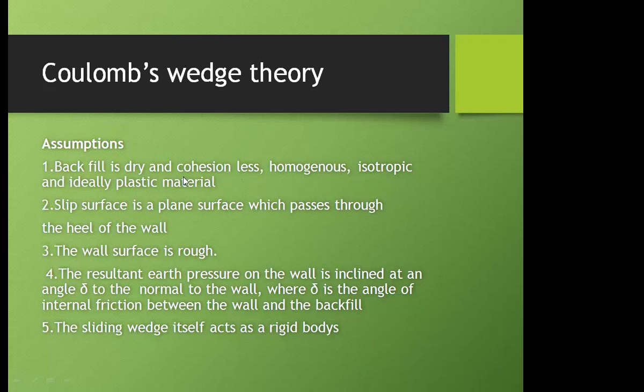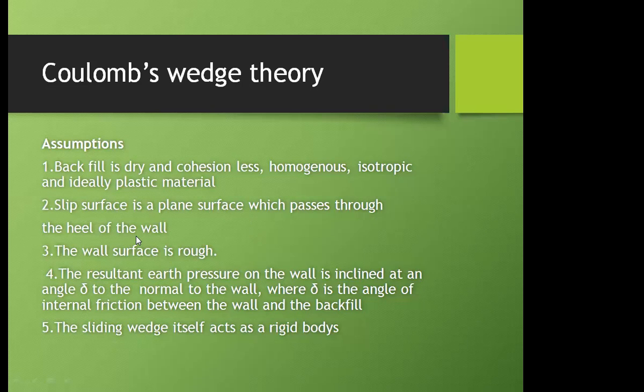So the assumptions of Coulomb are like this. The backfill is dry, and the soil is cohesionless, homogeneous, isotropic, and an ideally plastic material. The slip surface is plane and passes through the heel of the wall. The slip surface is always assumed, and that is why it is said to pass through the heel of the wall.